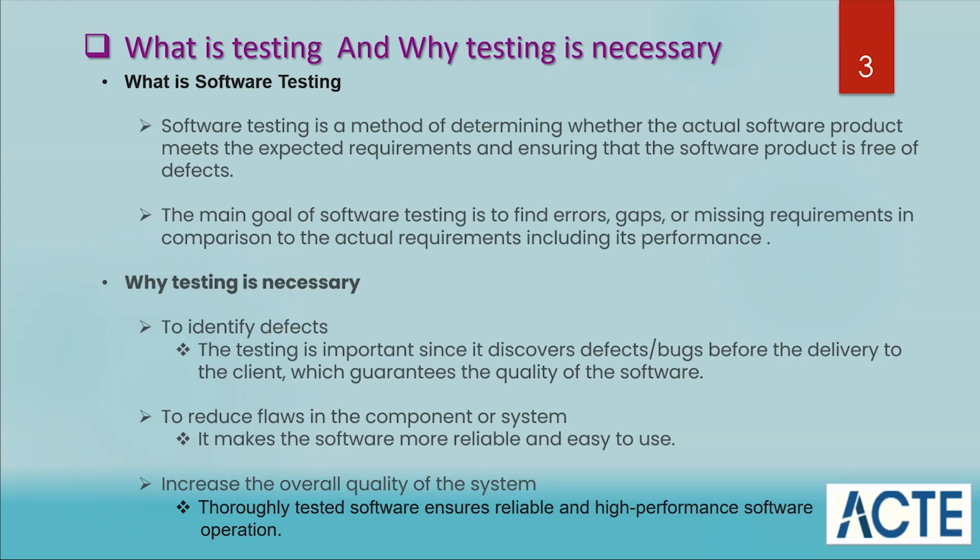So the main agenda of doing software testing on any software product or application is to find the errors and gaps, which we will learn in later sessions. These are terminologies that we will go through in the entire software development life cycle. Software testing also plays a vital role in checking whether a requirement is missing or not.